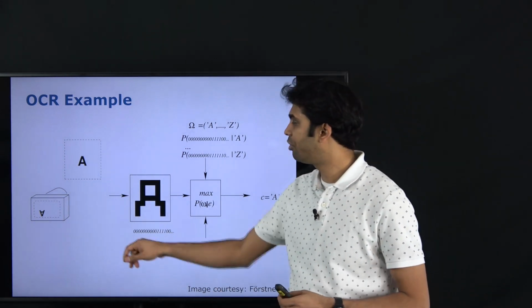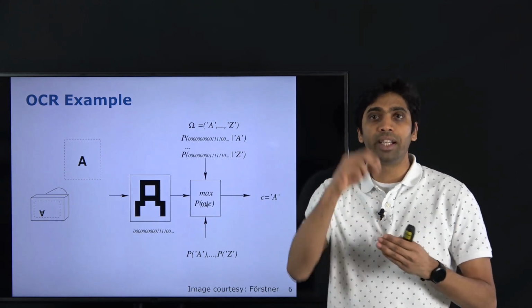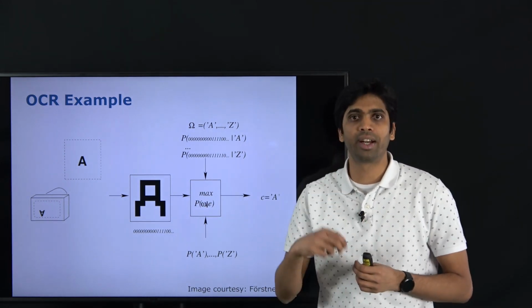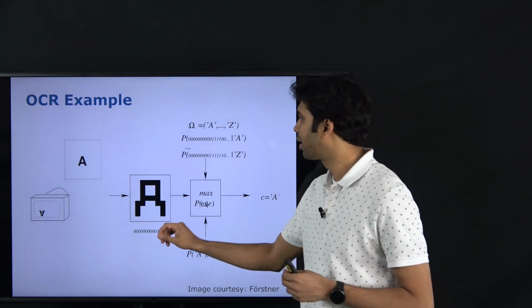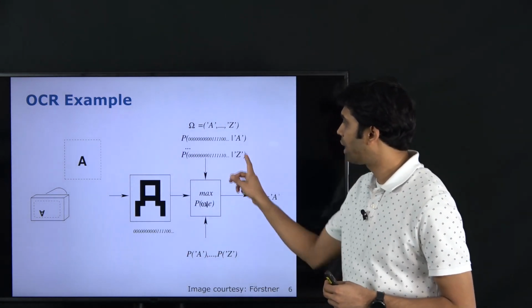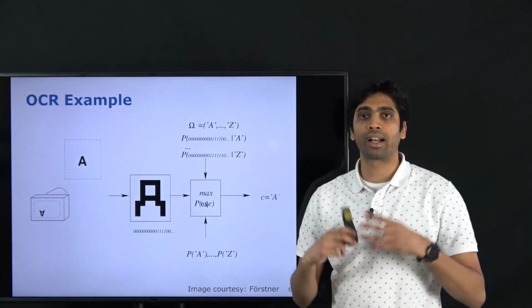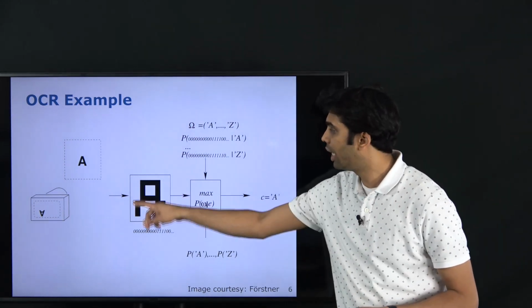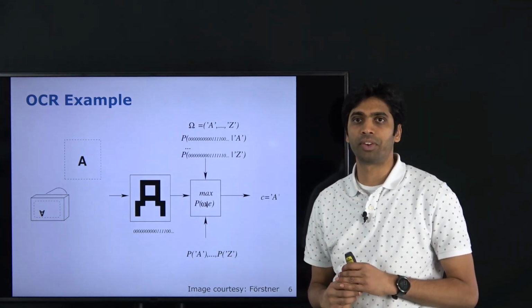In this case, we represent it as a binary string, with zeros where there is no mark or nothing written, and 1 in the places where there is actually something written. And then this goes into our classification system, which spits out the class of that particular image, which says, okay, it's the character A that's been written here.